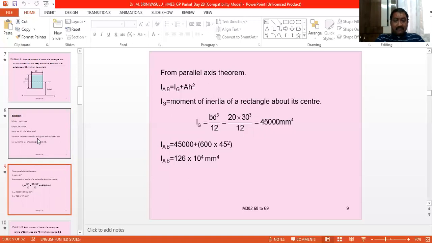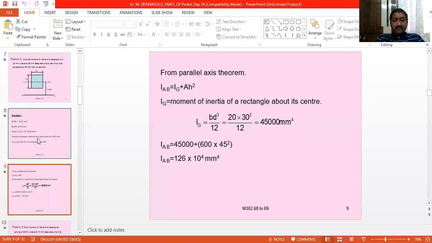So this is equal to 45,000 plus 600 into 45 square. So IAB is equal to 126 into 10 power 4 mm to the 4.